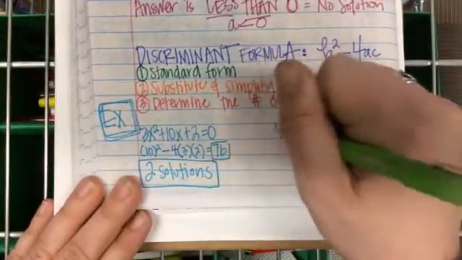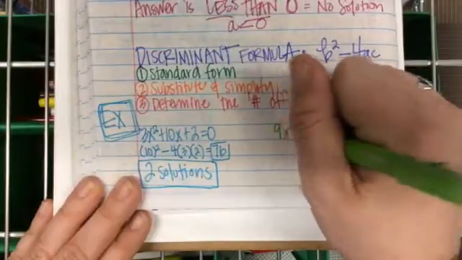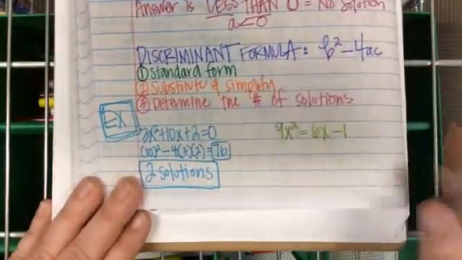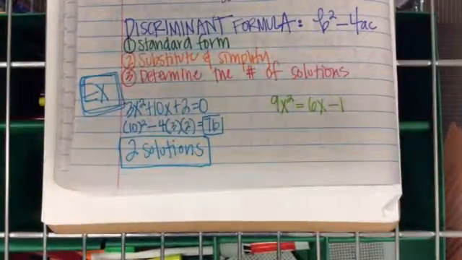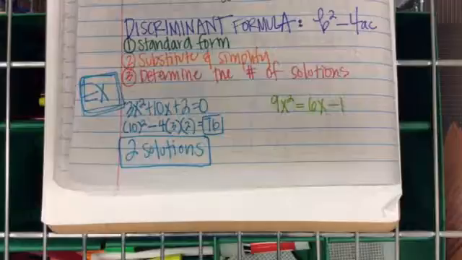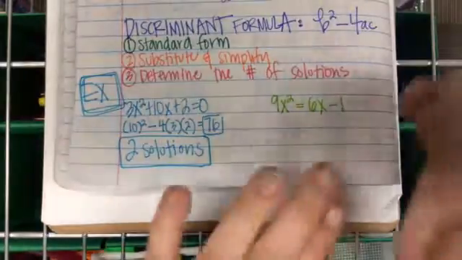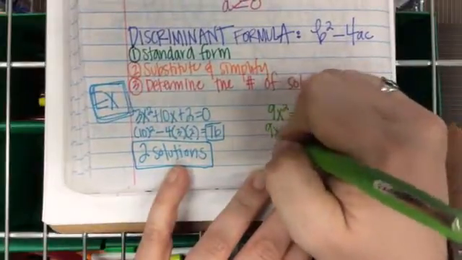Let's do 9x squared equals 6x minus 1. So it's quadratic. It has an exponent of 2. So we have to write it in standard form. Who can tell me this in standard form? Ella? You move the 6x and then move 1, so then it'd be 9x squared minus 6x plus 1. Good.